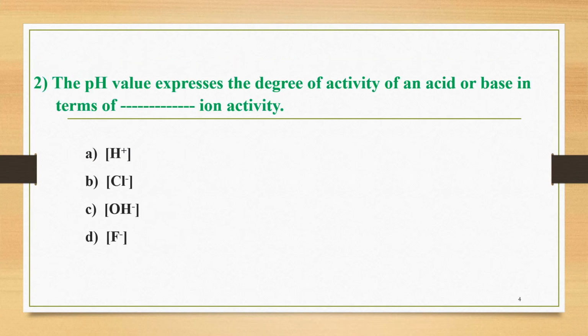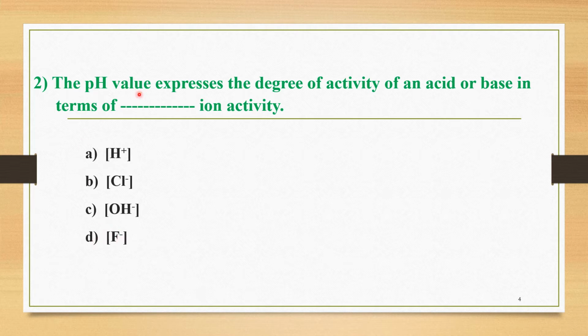The next question, question number 2, is here. The pH value expresses the degree of activity of an acid or base in terms of ion activity, and the four options are: A is H plus ion concentration, B is Cl minus ion concentration, C is OH minus ion concentration, and D is F minus ion concentration.